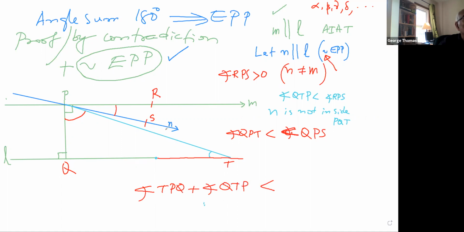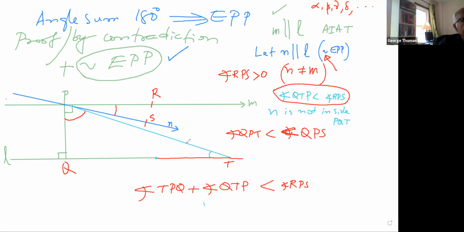TPQ is less than RPS, and we got it from here.